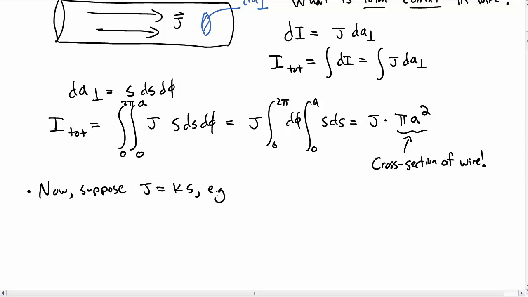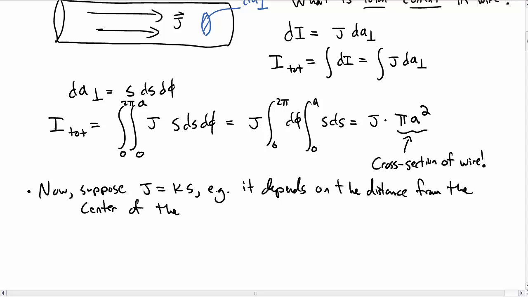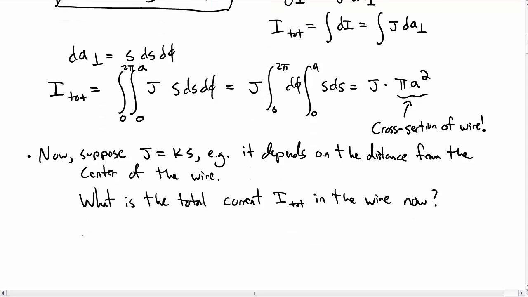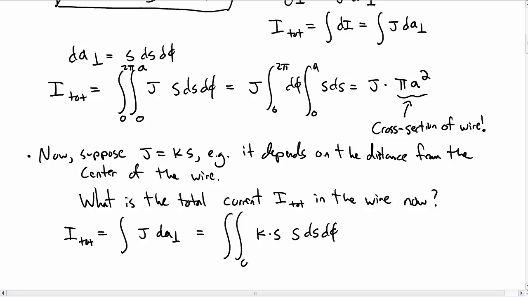Let's consider another example where now the volume current depends on the distance from the axis, or from the center of the wire, namely J is Ks. We want to calculate what is the total current now. Well, we do the same thing. We're going to add up J times dA perpendicular across the wire. Now that's Ks, and dA perpendicular, remember, is s ds d phi.